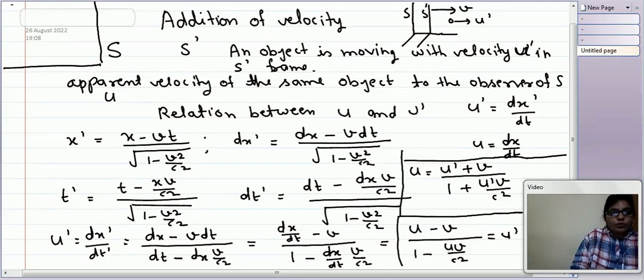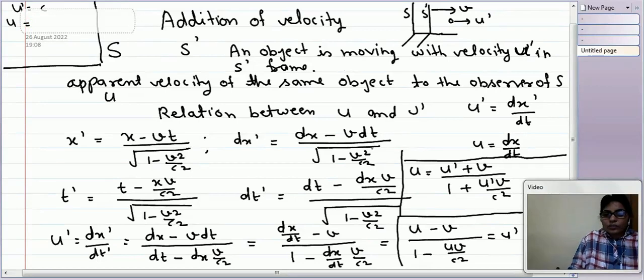Suppose u dash is equal to c. If u dash is equal to c, then what will be the value of u using this equation?